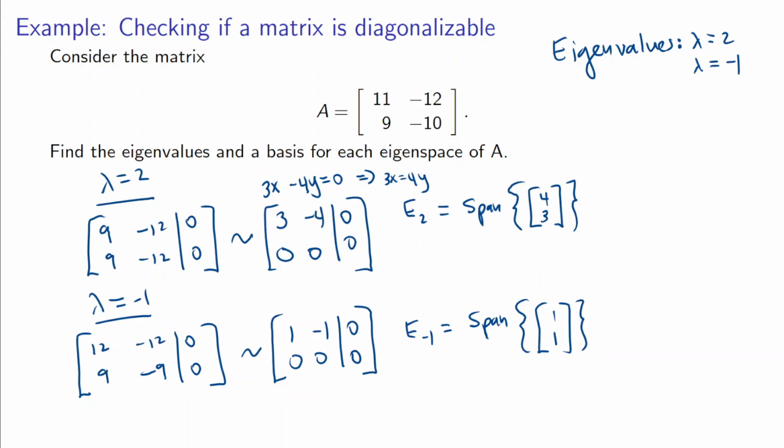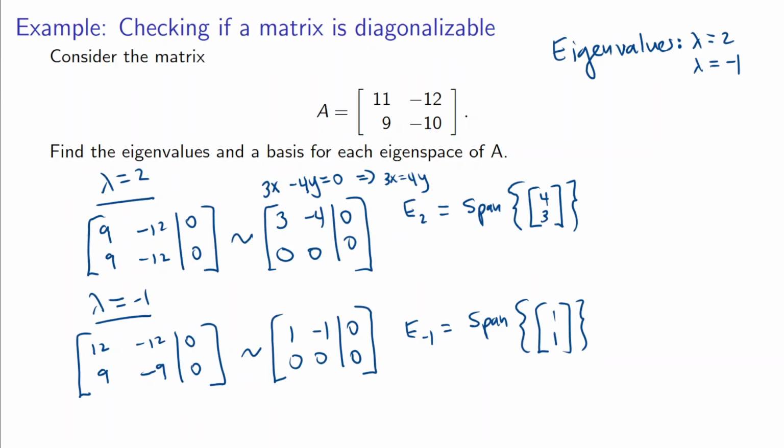Okay, so we found the eigenvalues and the basis for each eigenspace of A. Now let's work our way through what it means to be diagonalizable and show that this matrix in particular is diagonalizable.